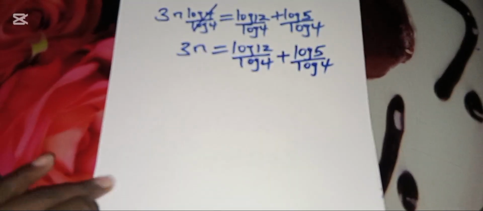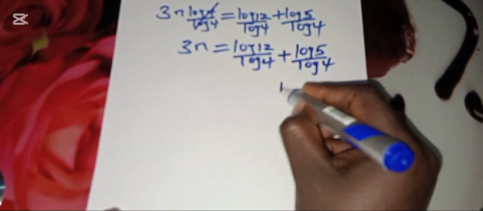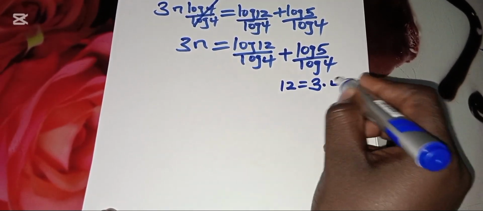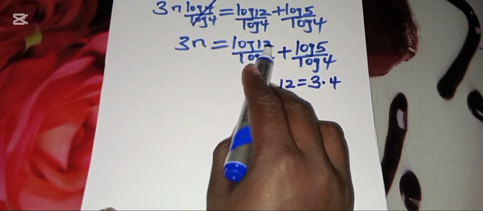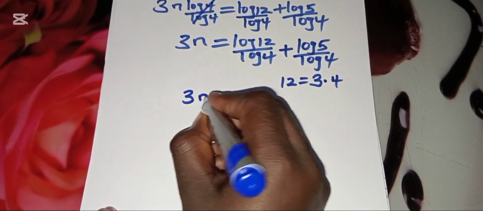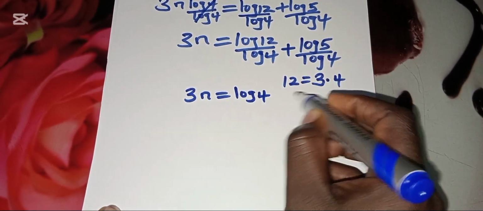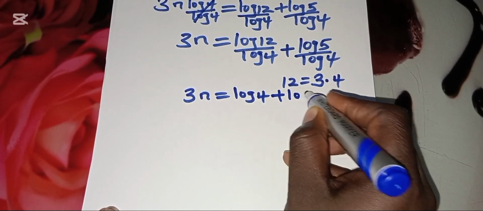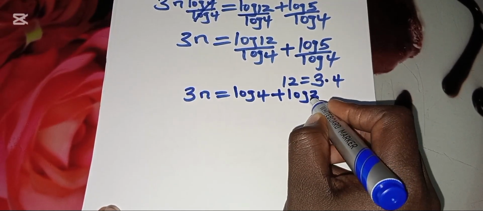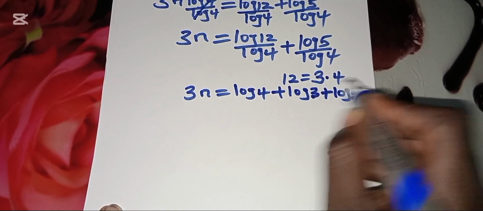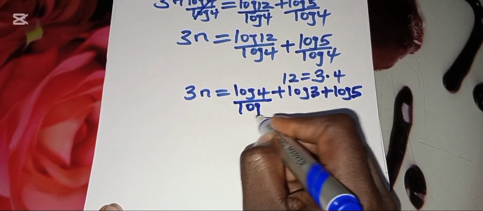Now 12, if you check, can be expressed as 3 multiplied by 4. So you're going to have 3n equal to log 4 plus log 3 plus log 5, everything divided by log 4.